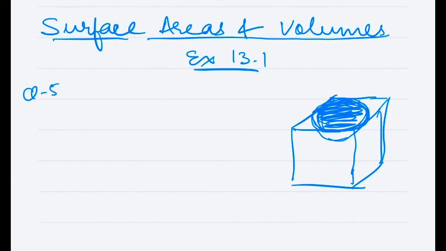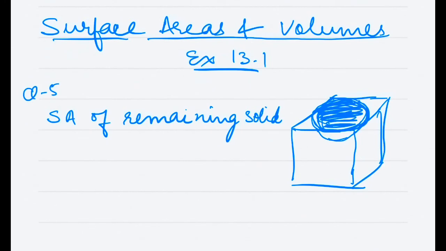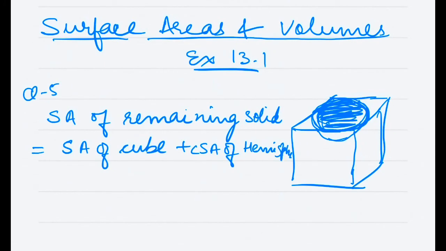So the surface area of the remaining solid will be all 6 faces of the cube plus the curved surface area of the hemisphere, subtracted by the area of the circular region.